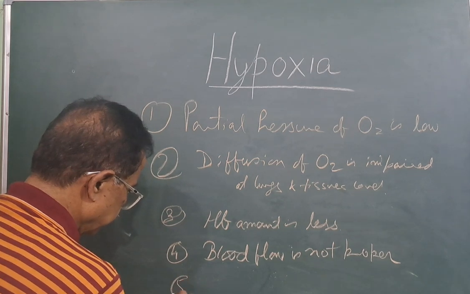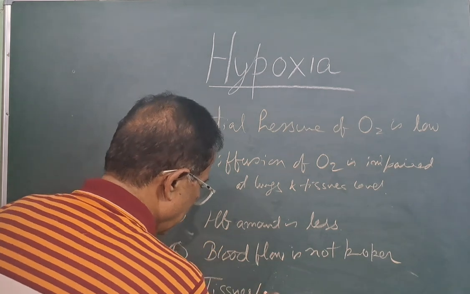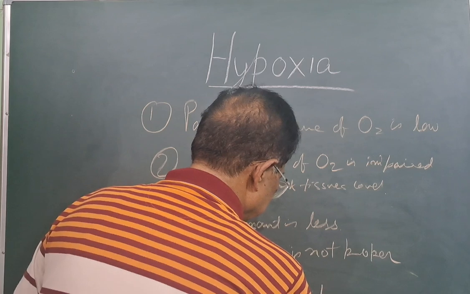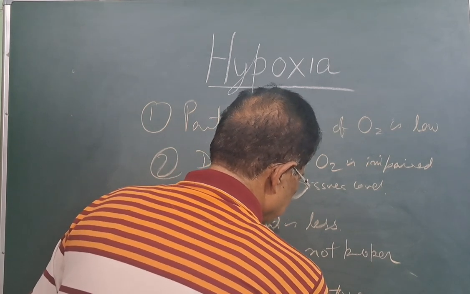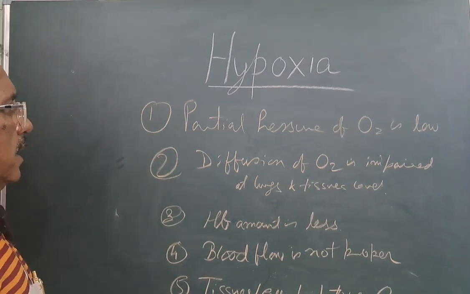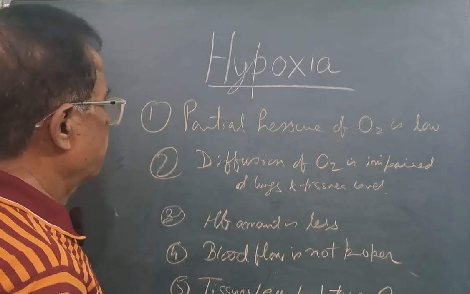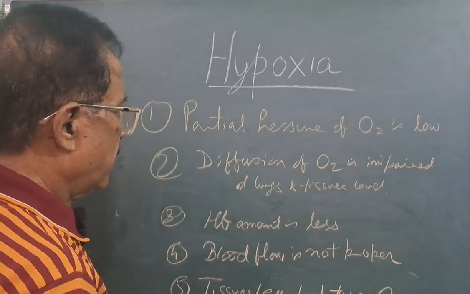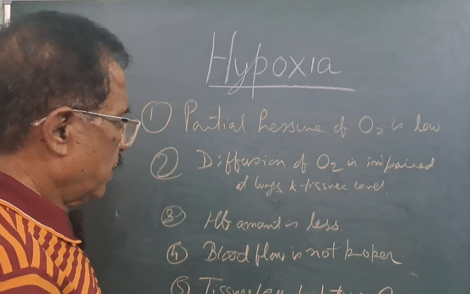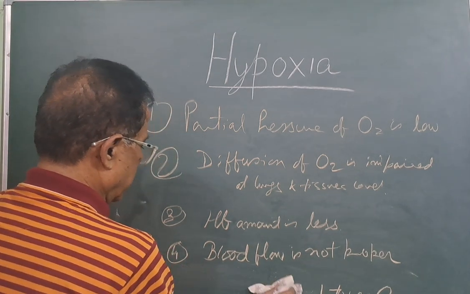And fifth, tissues or cells fail to use oxygen. These are five conditions in which hypoxia may occur. Partial pressure of oxygen is low, diffusion of oxygen is impaired at lungs and tissue level, hemoglobin amount is less, blood flow is not proper, and tissues or cells fail to use oxygen.